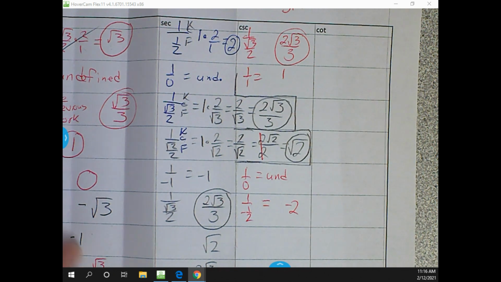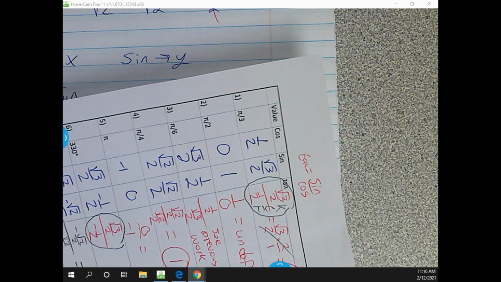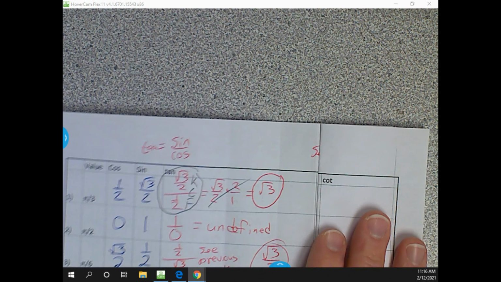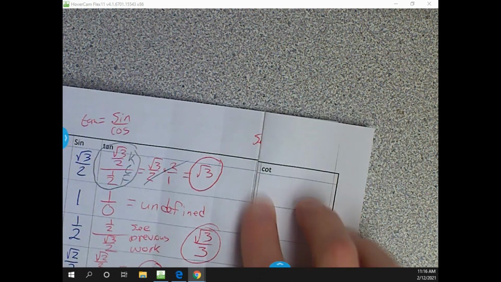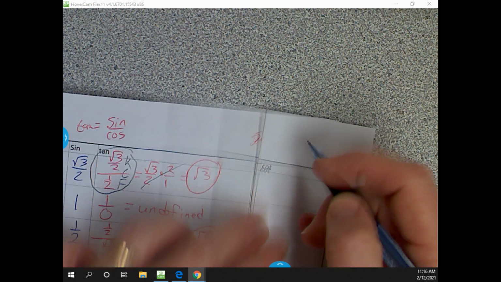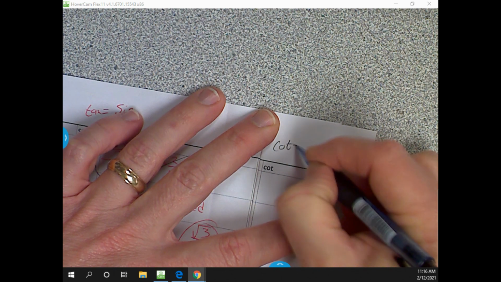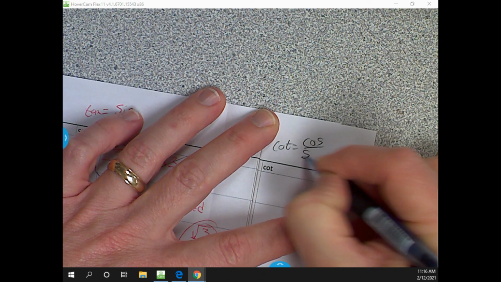And the good news about cotangent, fold it back a little bit. Now for cotangent, I'm only going to go back to the tangent values that we had. Because again, cotangent is cosine over sine.